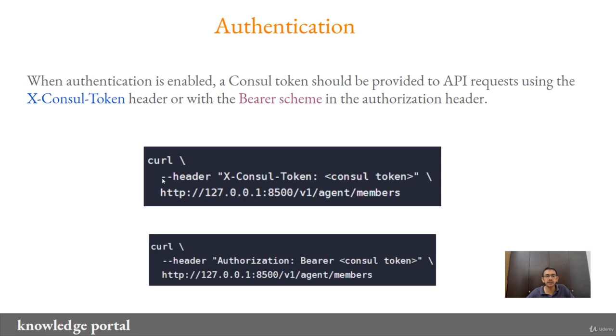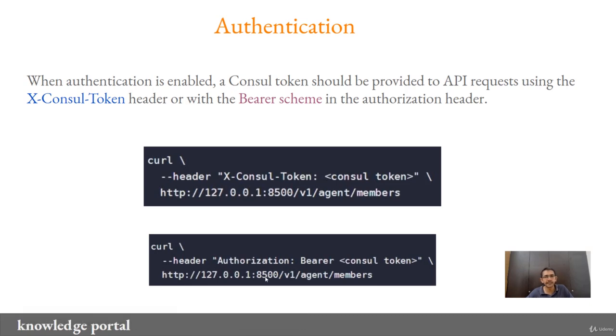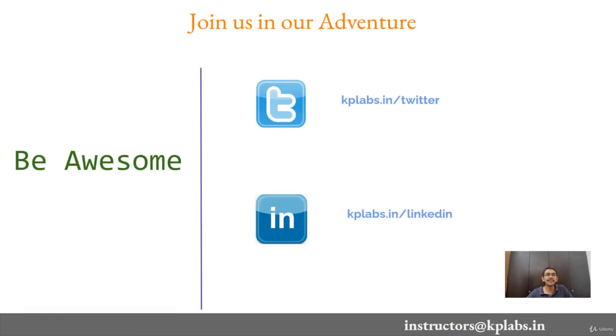Here you see you have to explicitly specify a header with X-Consul-Token, and you can specify a token here, or you can also specify an Authorization header where you can add a token. Apart from that, everything else remains the same. Great. So that's the high level overview of the HTTP API.